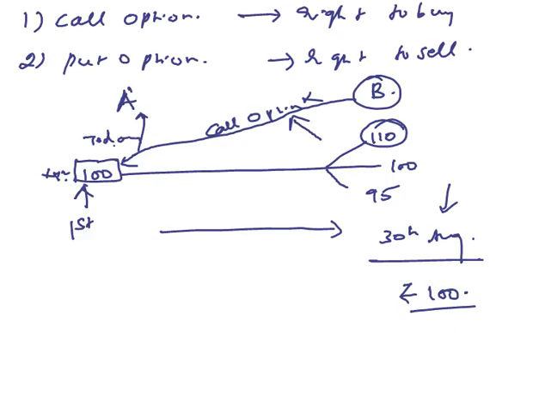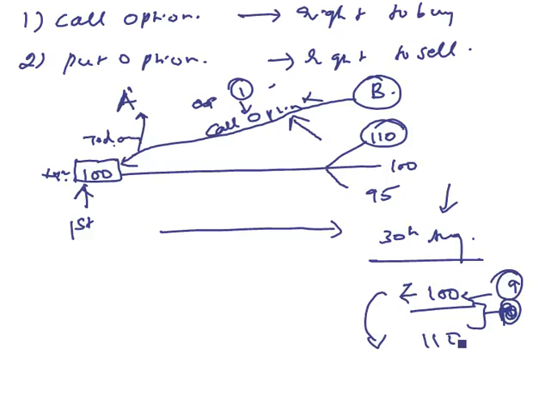After buying this, B has a choice of selling it back into the market at 110, thereby making a profit of 10 rupees. If B spent 1 rupee on buying the call option, the actual profit is 9 rupees, because this one is a sunk cost.